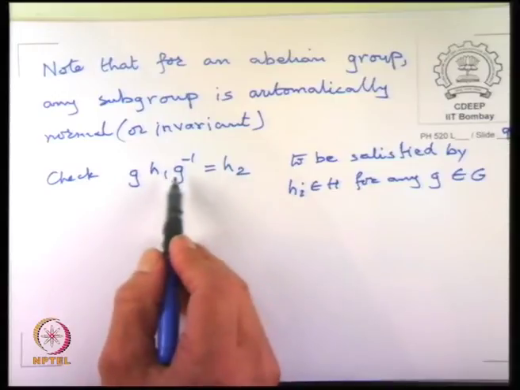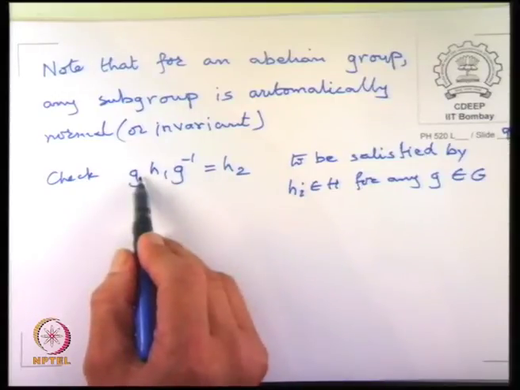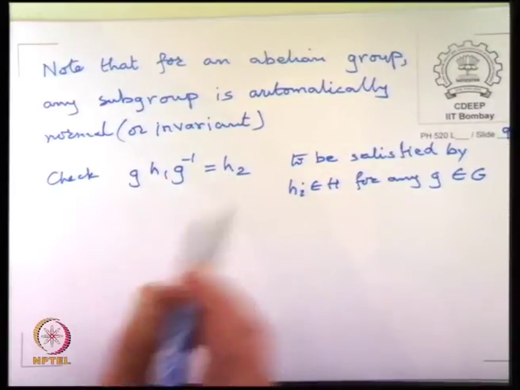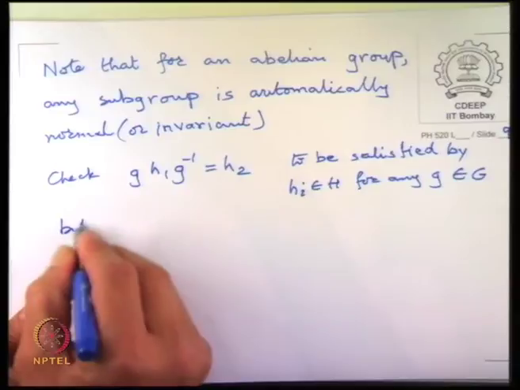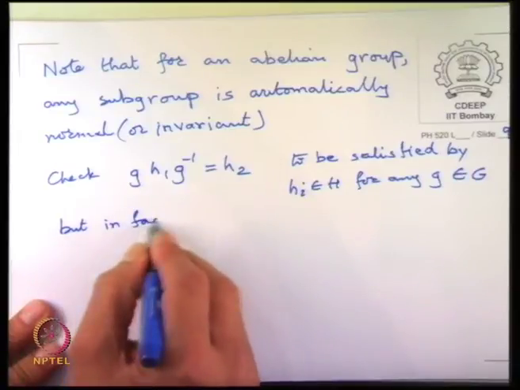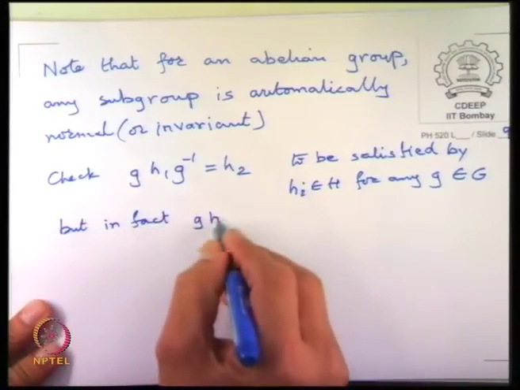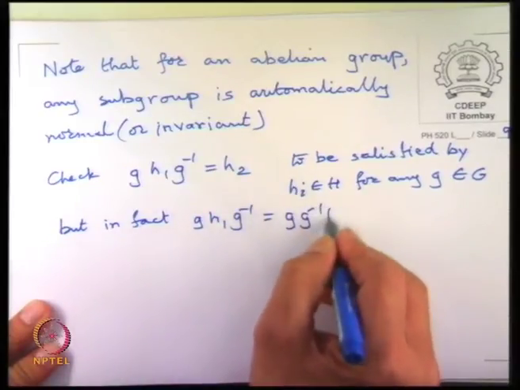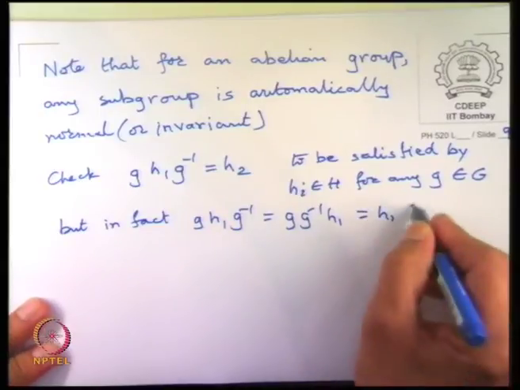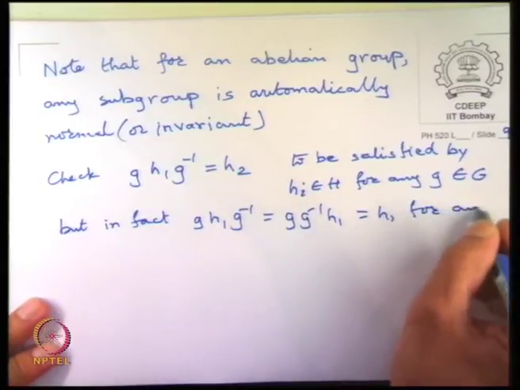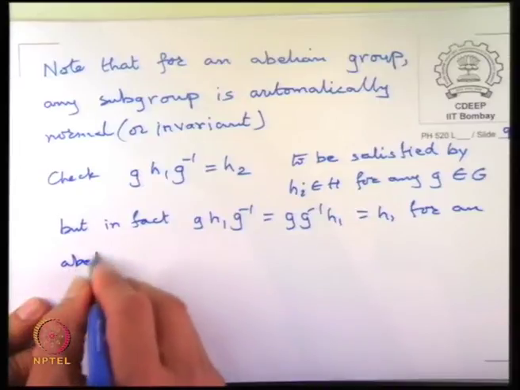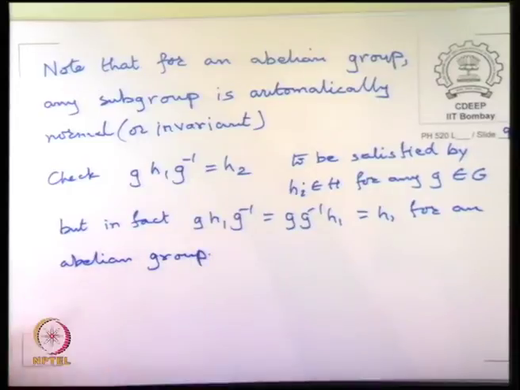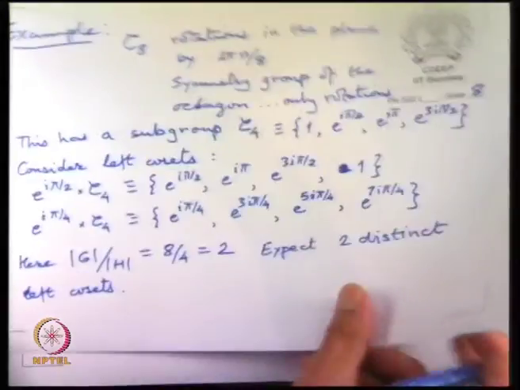It is an abelian group. So, I can always bring G inverse to this side. So, in fact, it leaves H1 as H1, for an abelian group.